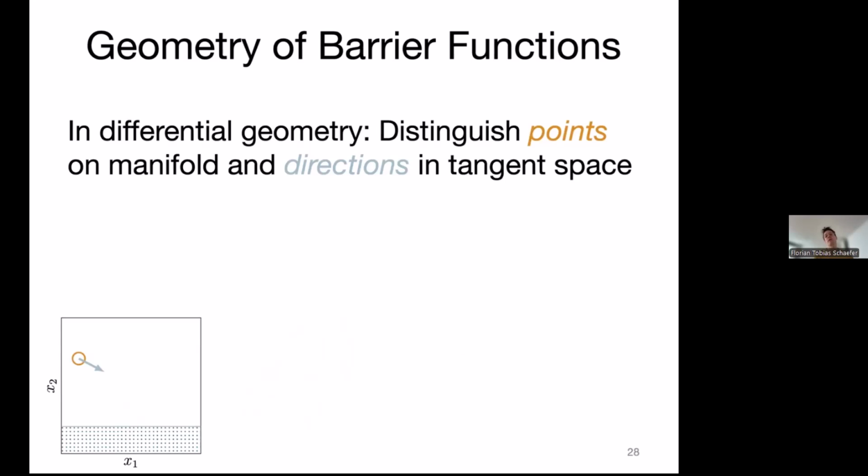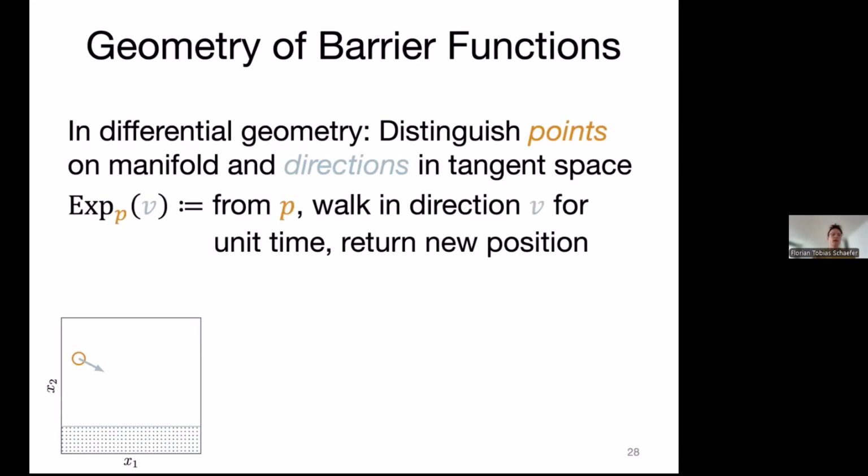We're mainly going to remind ourselves that one of the key features of differential geometry is that it distinguishes between points and directions. In linear algebra, we use vectors both to represent points and directions between two points. Whereas in differential geometry, we think separately of points and then vectors in their tangent space as infinitesimal changes, infinitesimal directions.